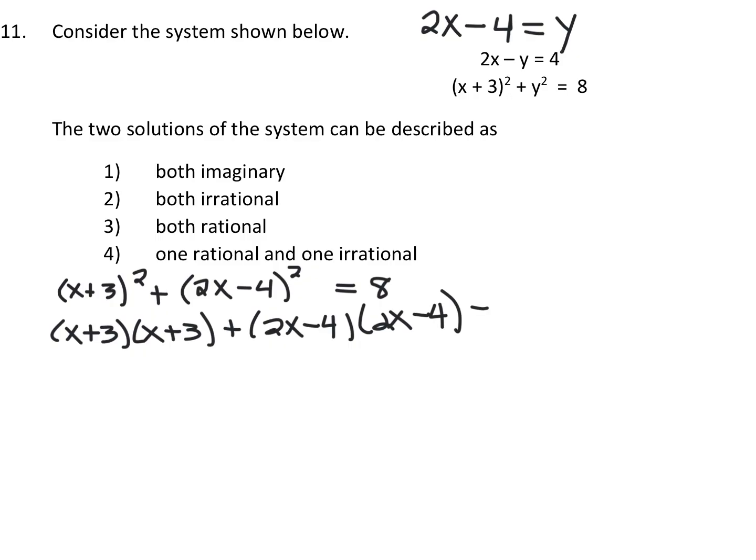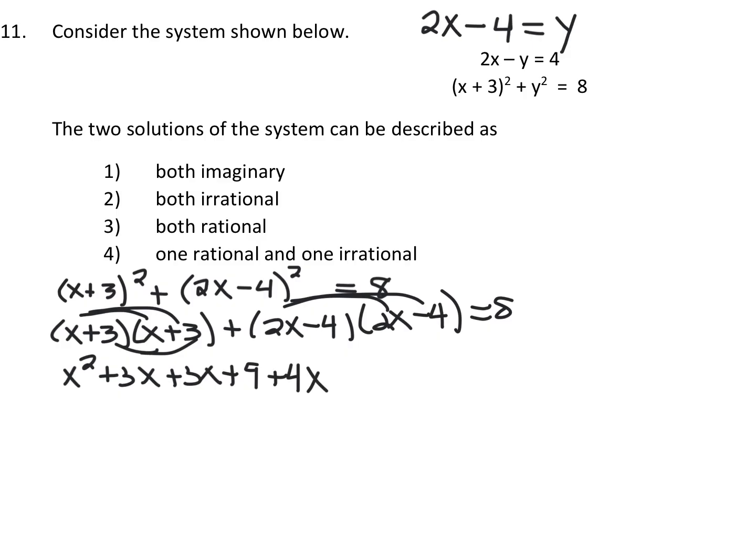Okay, so when we double distribute, that's going to leave us with x squared plus 3x plus 3x plus 9 plus 4x squared minus 8x and then minus 8x plus 16.